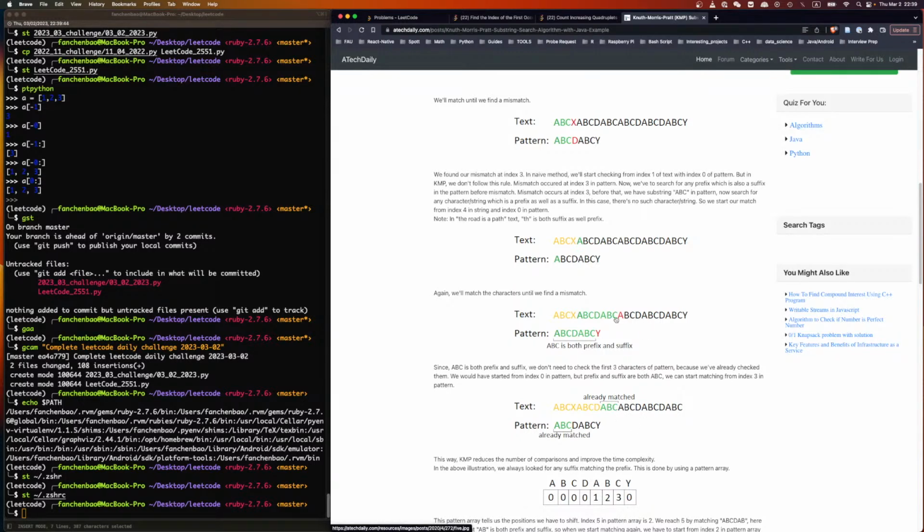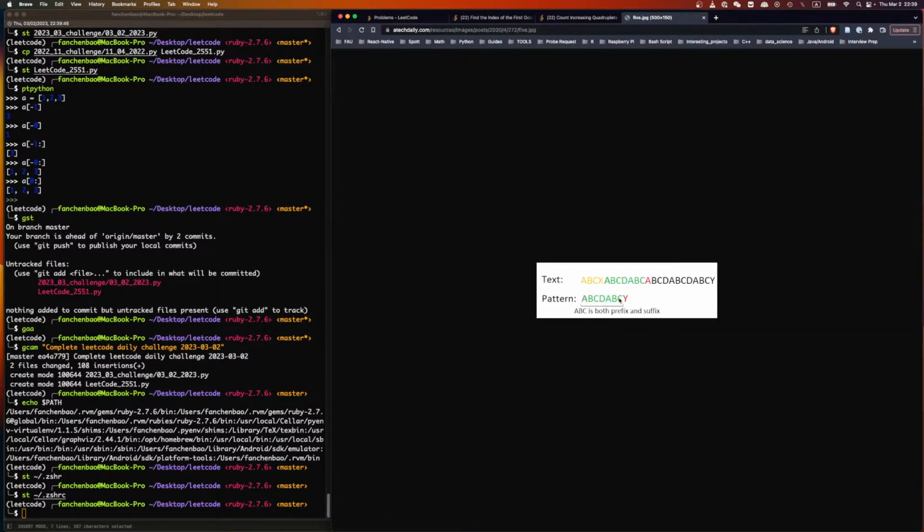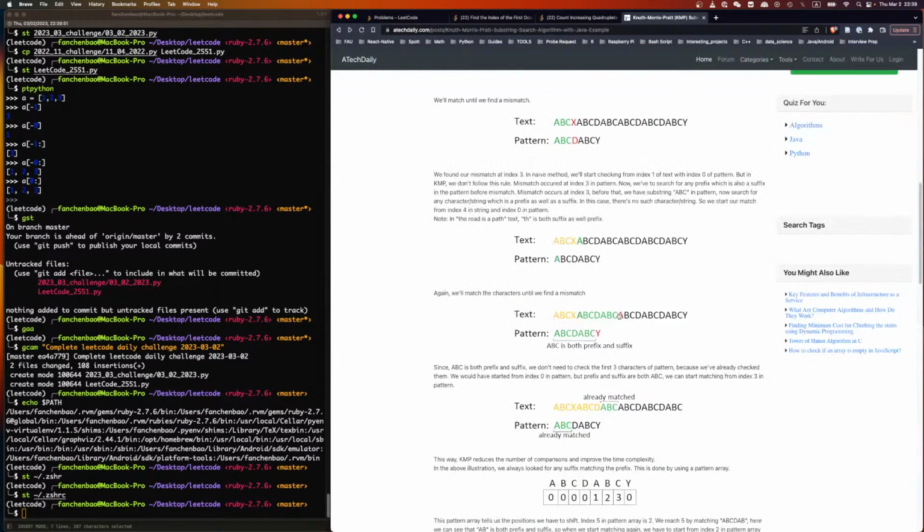We look at this. We look at the suffix, yes, because this is a suffix. We look at this. This will say 3, right? So we know the length is 3. So we just need to go to 3. That's the starting position we're going to continue matching. Is D matching with A?